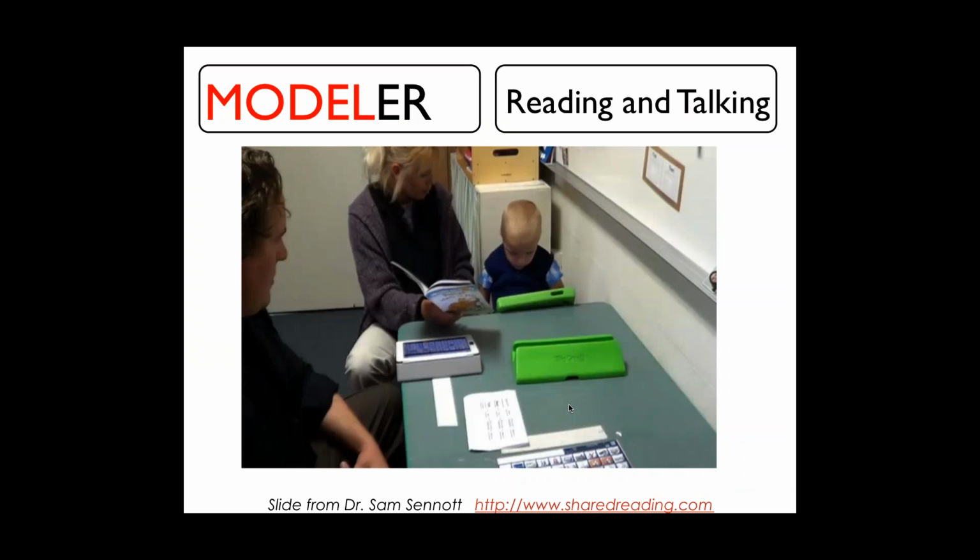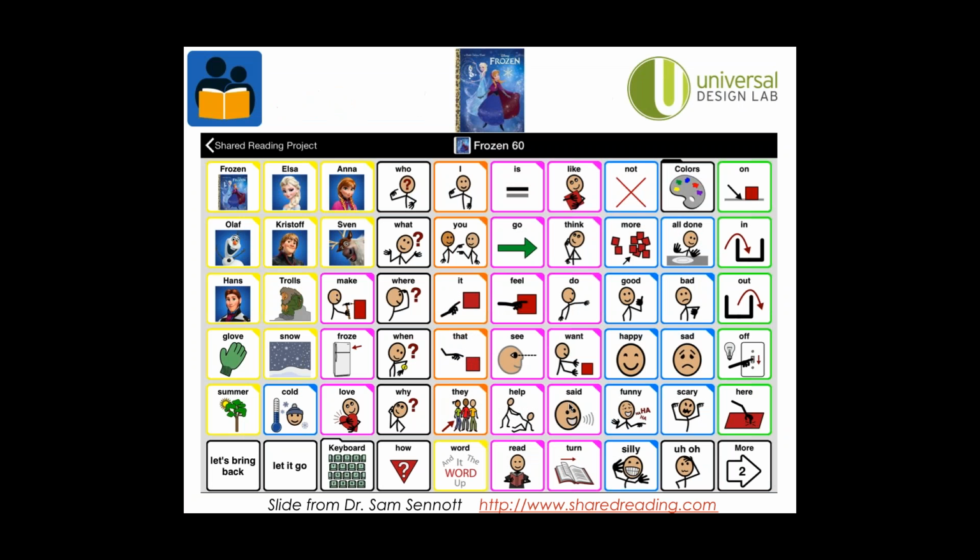So just a picture of this and a reminder to go to the sharedreading.com website for more ideas, and I'm going to show more information across time. So this is an example of something you could download from the Shared Reading project.